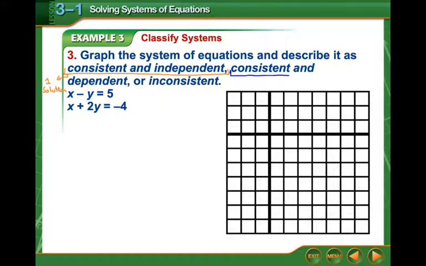Consistent and dependent, sorry, forgot which one I had already done, means that there are infinite solutions. And then inconsistent is no solution.